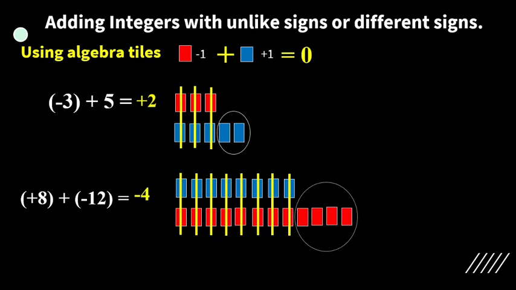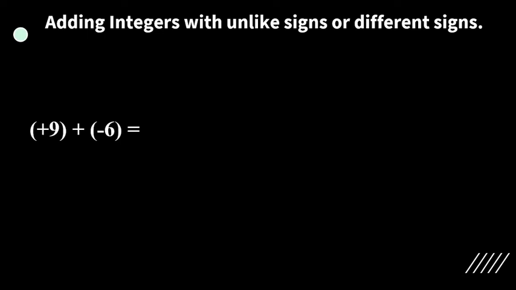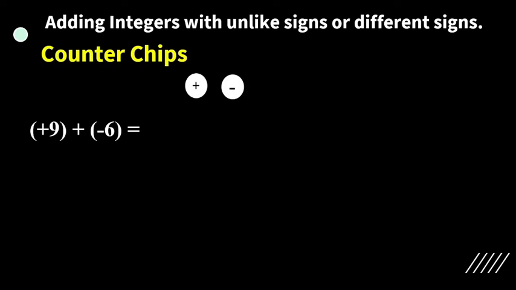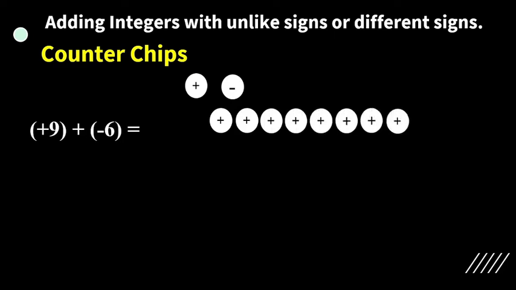This time, let's add +9 plus -6 using counter chips. We have here positive chips and negative chips. So +9 will be represented by 9 positive chips. 1, 2, 3, 4, 5, 6, 7, 8, 9.